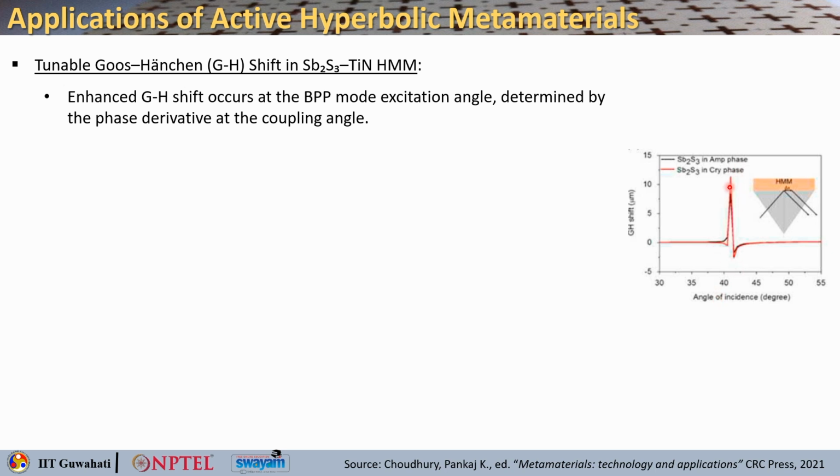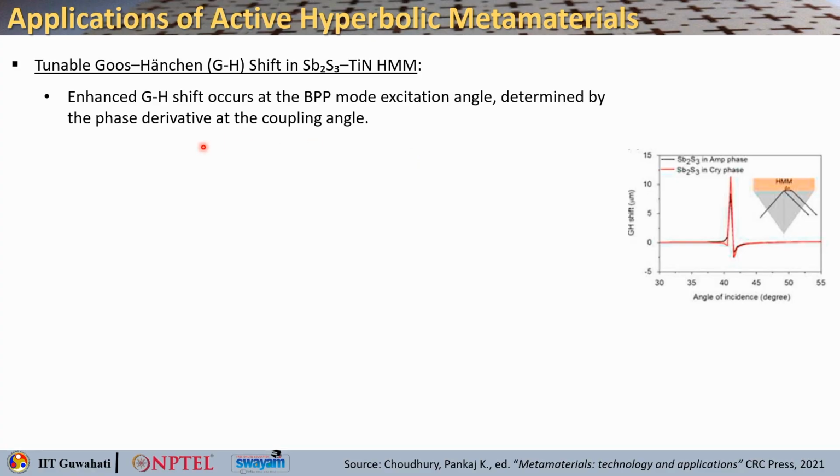Here again the two graphs tell you about the shift in this wavelength because of the change in the phase of antimony trisulfide. The red one is the crystalline phase, the other one is the amorphous phase, right. So, we can observe that this enhanced GH shift, or Goos-Hänchen shift, occurs at the BPP mode excitation angle determined by the phase derivative at the coupling angle, right.